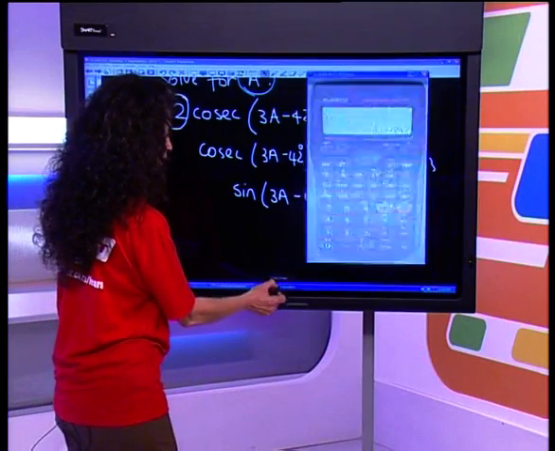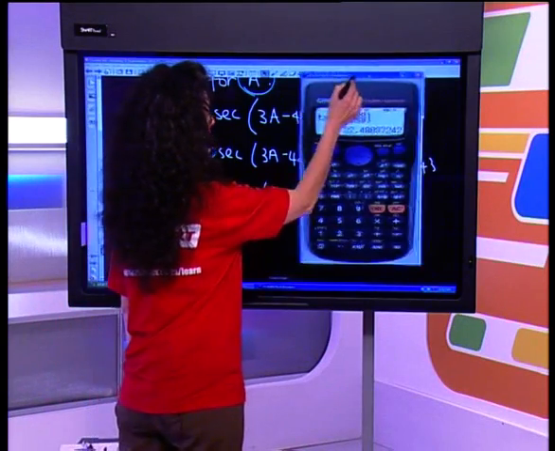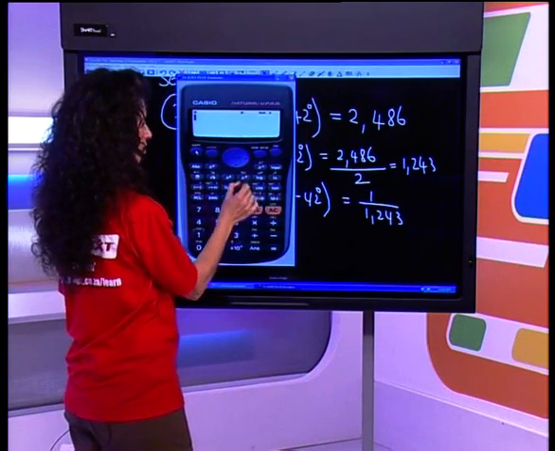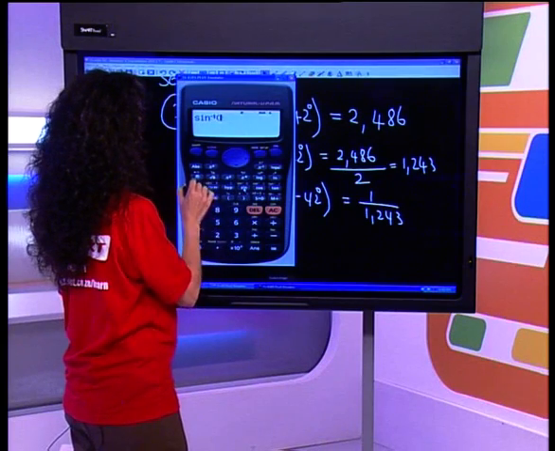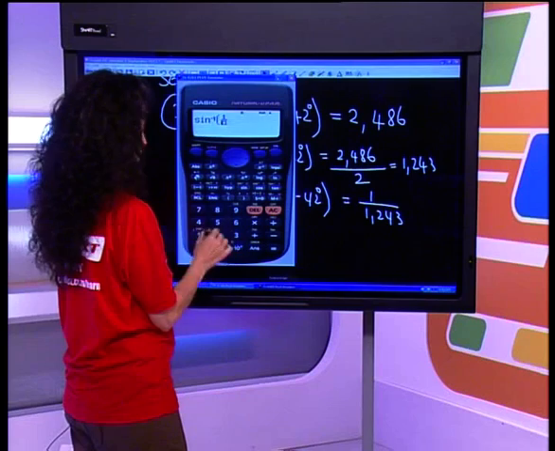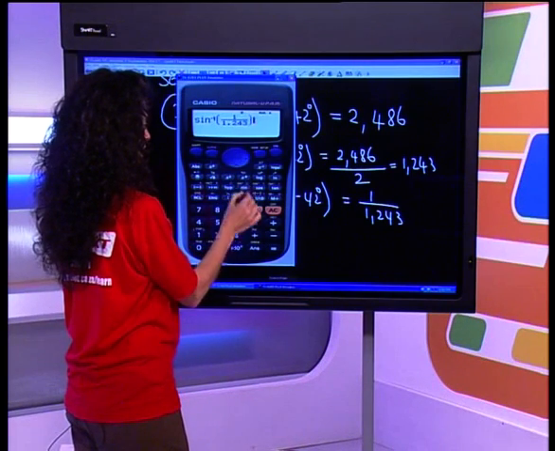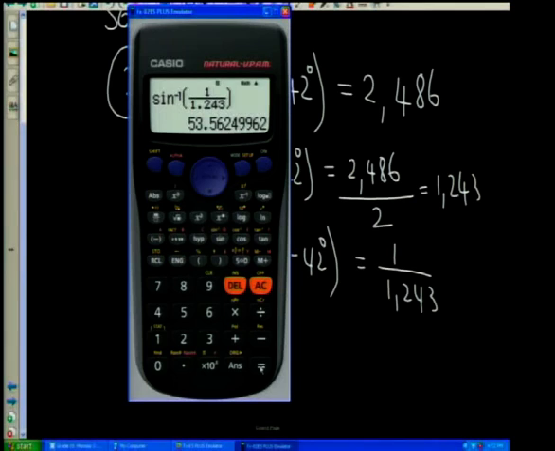So we're wanting to know, it's a sine function, so it's sine to the minus 1, and it is 1 over 1.243, and that equals 53,56. Okay, so 53,56.